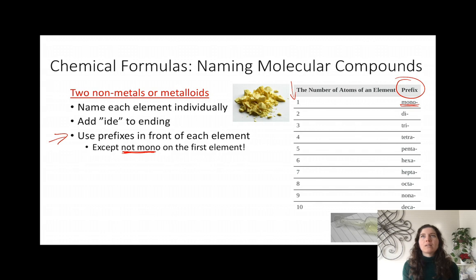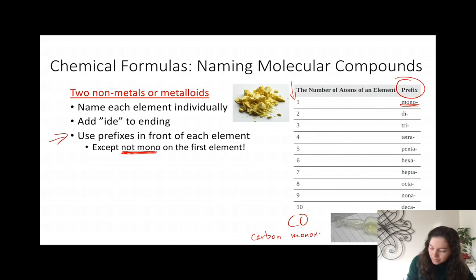let's see. I'll show you an example. So carbon monoxide is a great one. So CO is the formula for this. And so you'll notice that this one's called carbon monoxide. It should be monocarbon monoxide because there's one carbon, one oxygen, but we've omitted the mono in front.